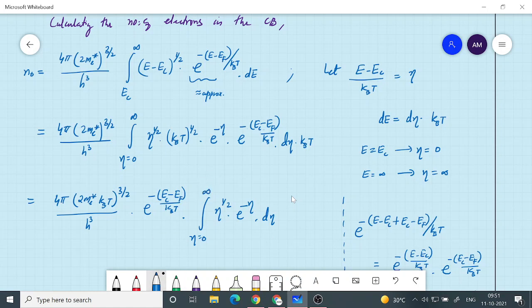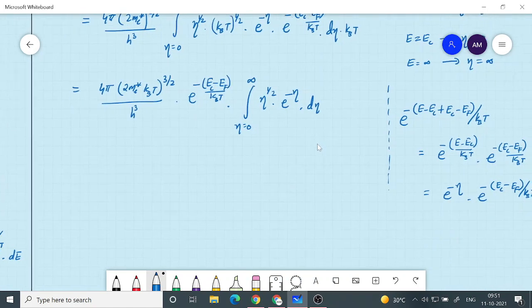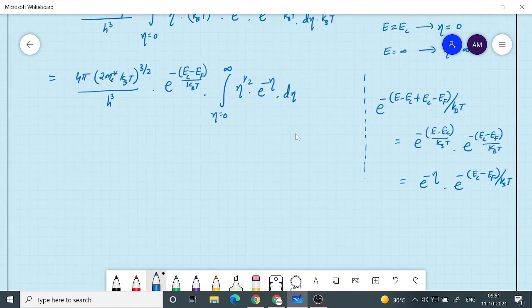Eta is varying from 0 to infinity, and this is a very standard integral. Probably you might have learned this integral in mathematics, as the gamma function.